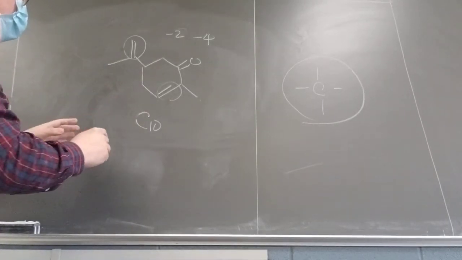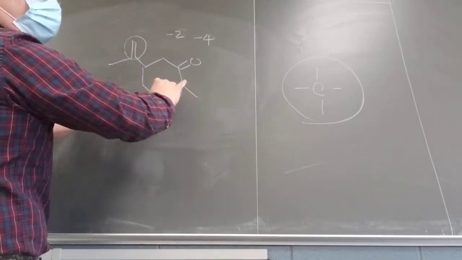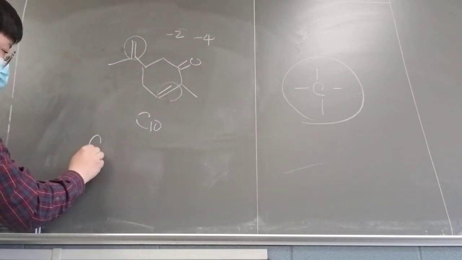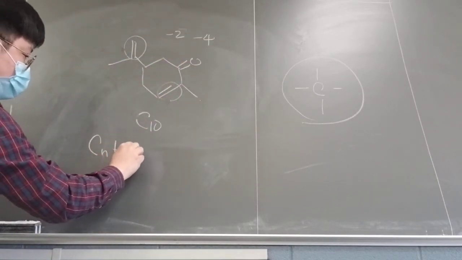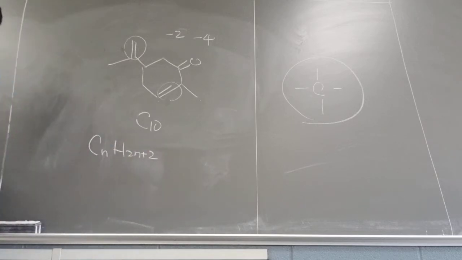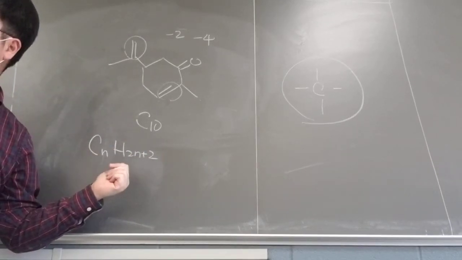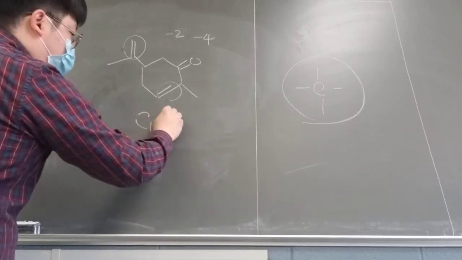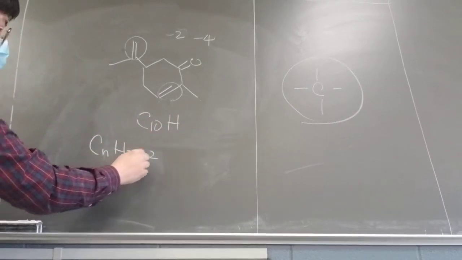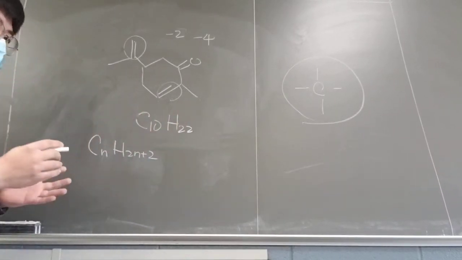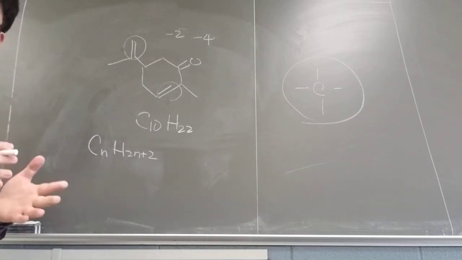Okay, so if it's all single bonds, for sure you're going to follow CnH2n+2. You guys remember this one, right? Okay, so if there are 10 carbons, theoretically speaking, you can have at most 22 hydrogen on it.